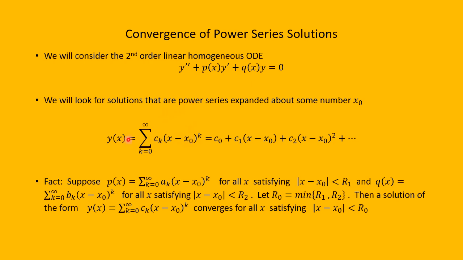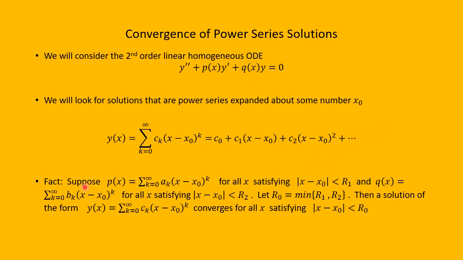So y(x) is the sum, k goes from 0 to infinity, c sub k times (x minus x naught) to the k. This represents c naught plus c1 times (x minus x naught) plus c2 times (x minus x naught) squared, the next term being c3 times (x minus x naught) cubed, and so on.